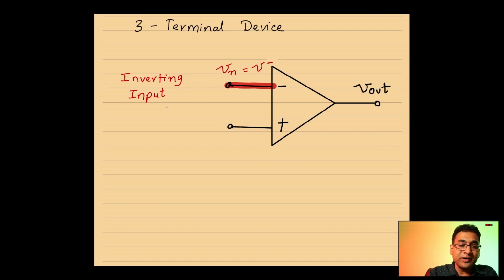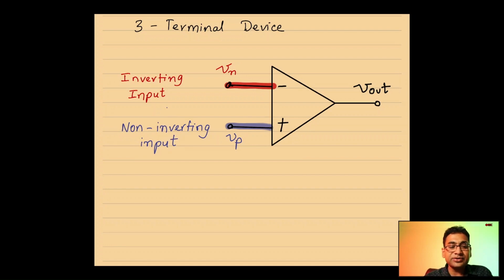So VN is called the inverting input. Similarly, this terminal VP is called the non-inverting input. These are the 3 terminals. That's it. Very interesting device.